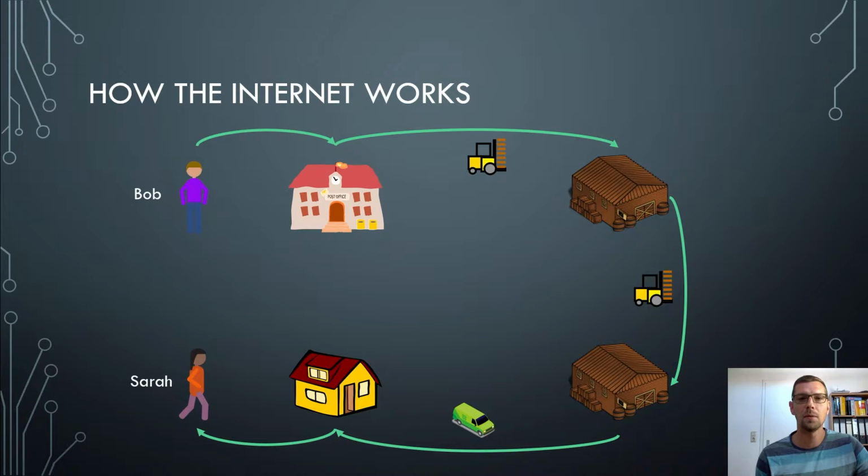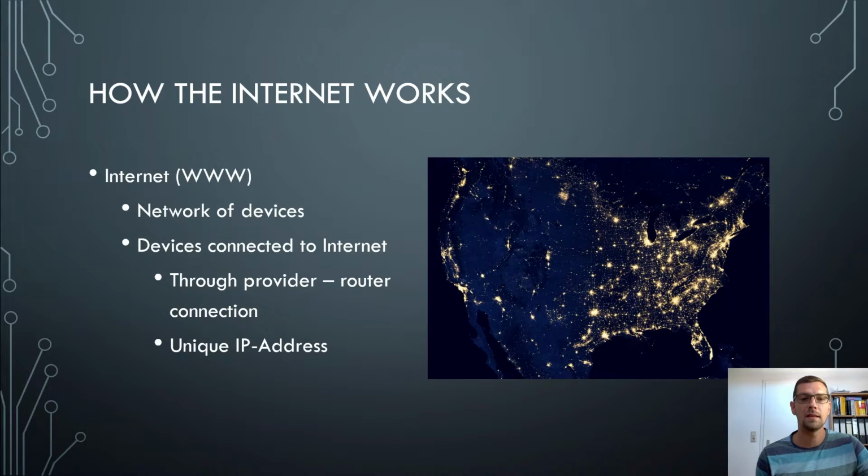Alright, so when we are so far, the internet is connected similar to the people in our previous slides. We have a network of devices, and the devices are the people which we had in our previous slides.